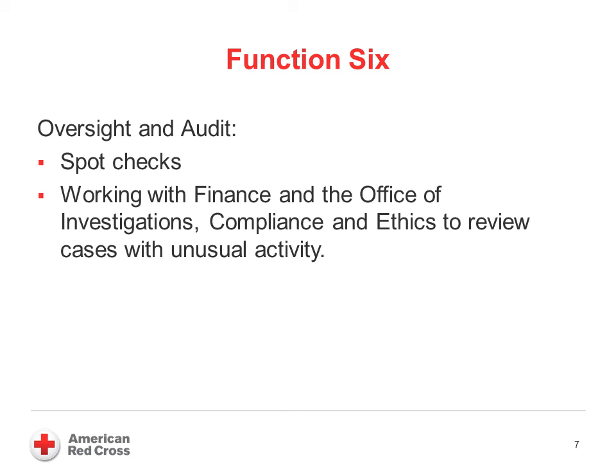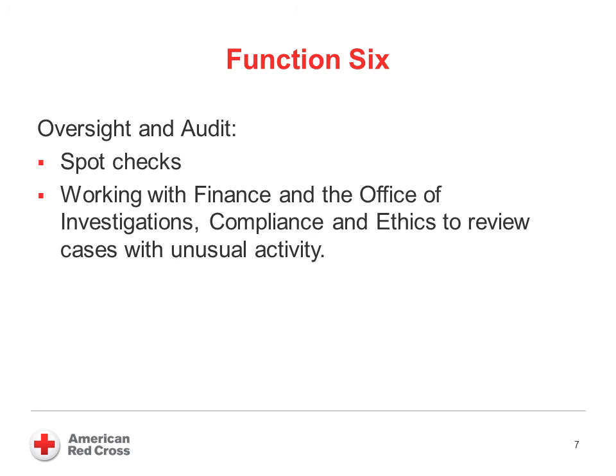So finally, as we round out our fiscal controls, we're talking about Function 6. Function 6 is oversight and audit, and this is done at the division level, and this is general spot checks. So it's spot checks on each of the other controls to ensure that we have consistency and that each control is being followed. So whether it's pulling individual cases to look at the fields, make sure they're filled out, the narratives are completed, to ensure that the CAS accounts are being activated and deactivated accordingly.